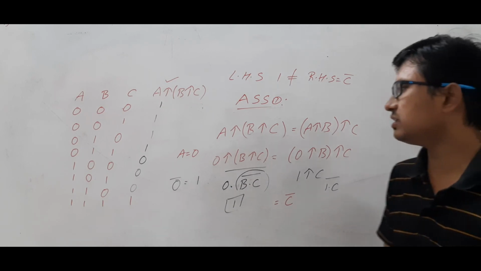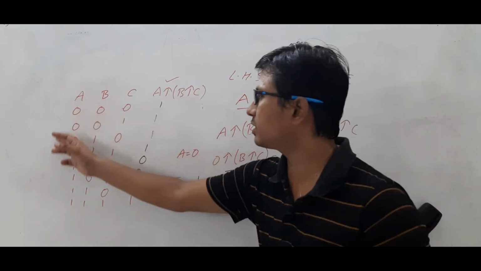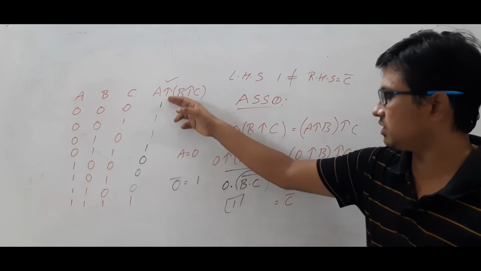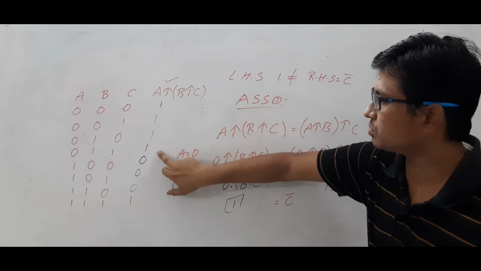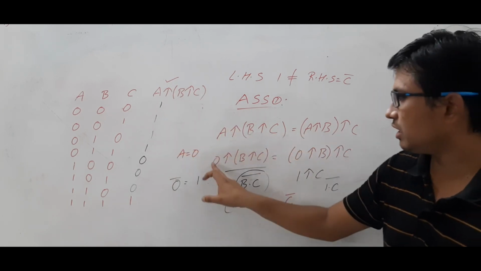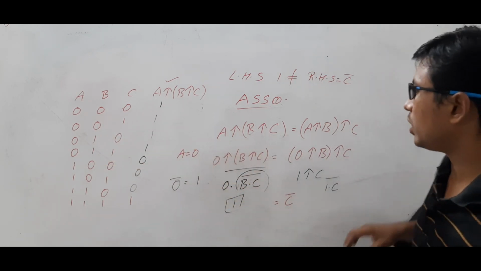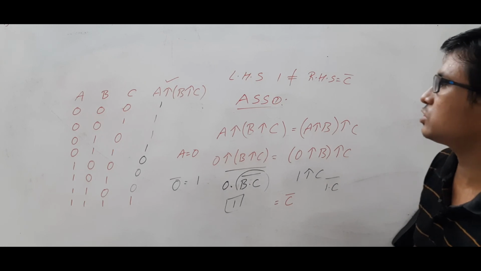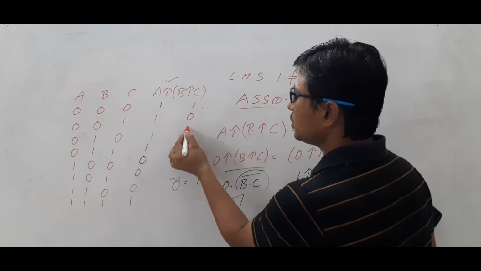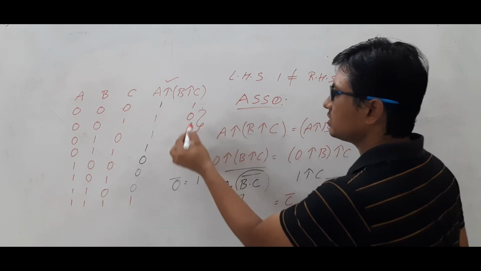So I can say that when the A value is 0, meaning in these 4 cases, this function is producing 1, 1, 1, 1. That is what I said. When the A value is 0, this function is producing the output as 1. But this other function is producing C's complement. What is meant by C's complement? This function will produce 1 0 1 0. Whether they are equal in these two cases?